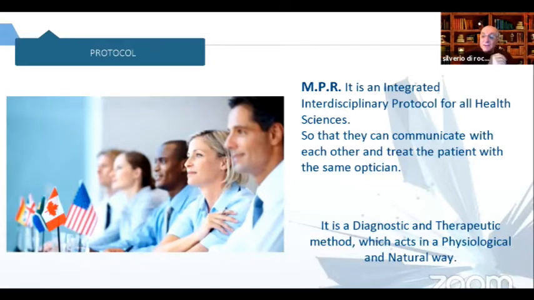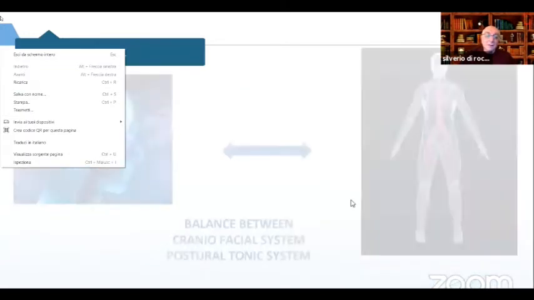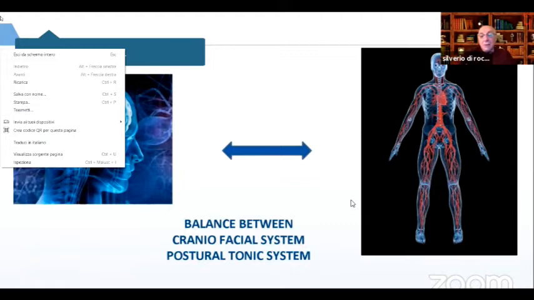It is a diagnostic and therapeutic method which acts in a physiological and natural way, and that's very important. The main objective of the M.P.R. is to obtain the balance between the craniofacial system and the postural tonic system. When we have this balance, all the body is in health. And if we have to do a rehabilitation, the rehabilitation will be perfect.